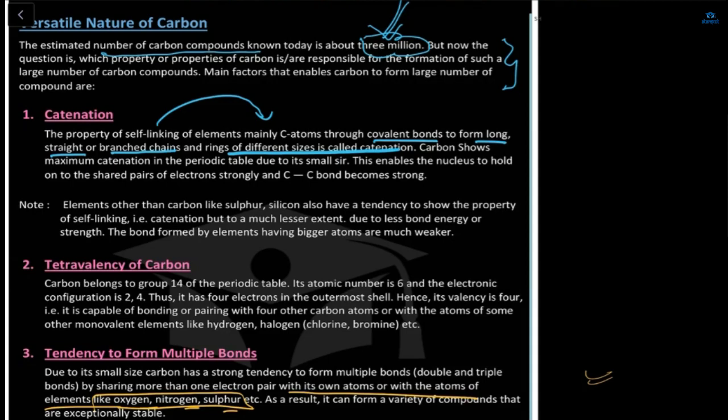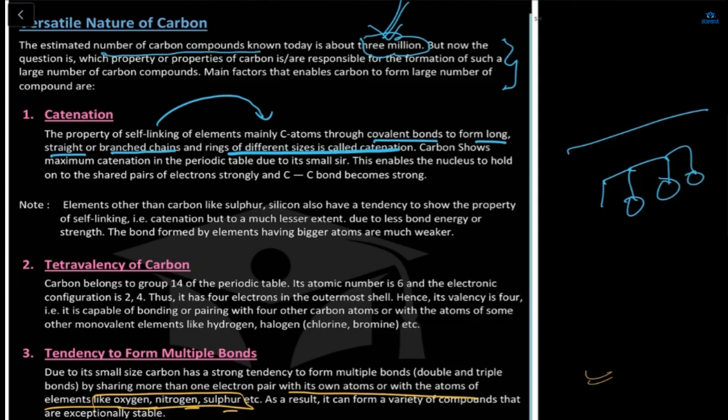So the simple definition of catenation is the property of self-linking, mainly with carbon atoms, through covalent bonds, to form a chain: a long chain, a straight chain, or a branched chain. So that is catenation.